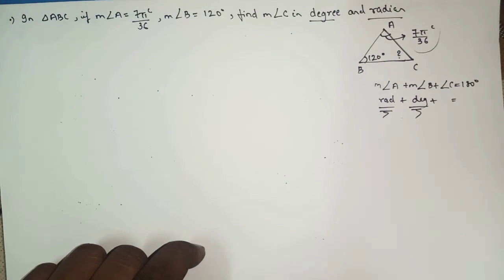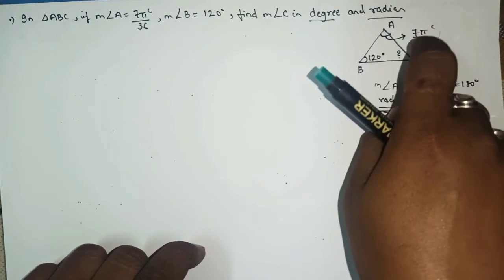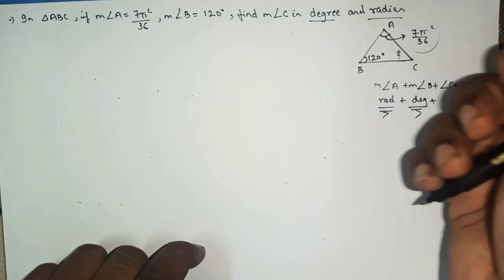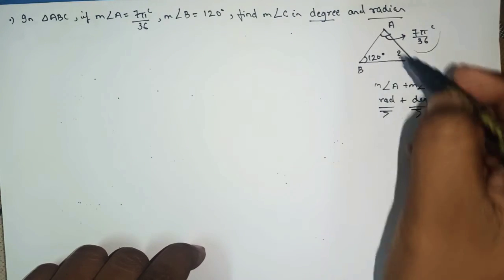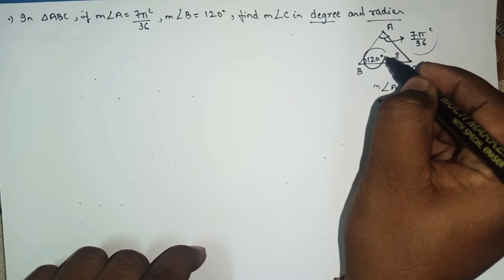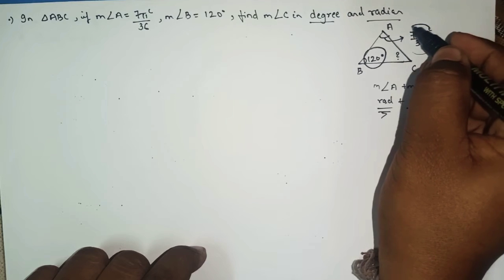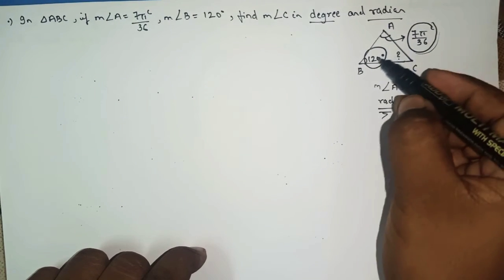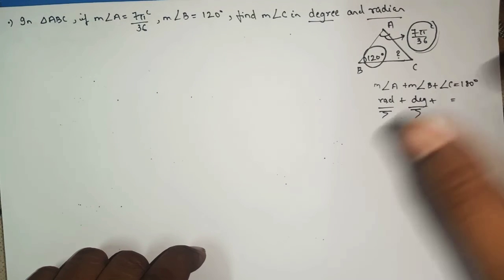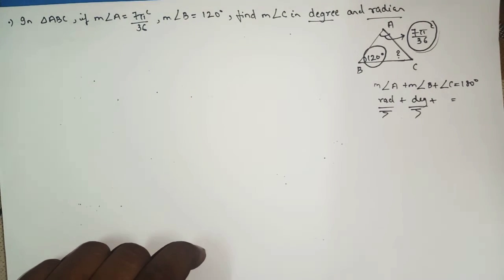So which process will be easy, converting the angle from degree into radian or radian into degree? I hope you are perfect in doing the sum with respect to degree, yes or no? So we'll convert this radian into degree and keep both the angles in terms of degree, and then we'll find our answer.